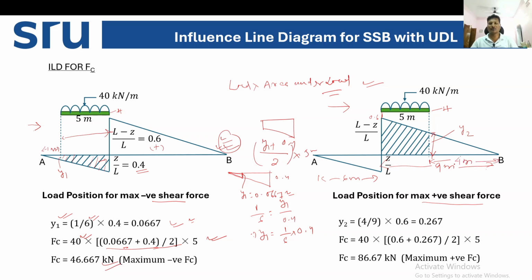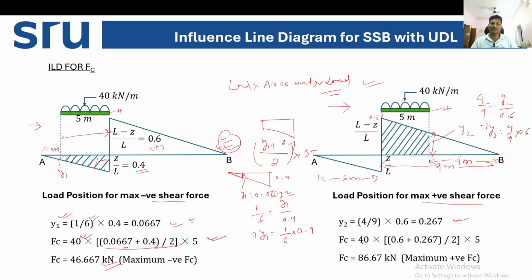So 4 by 9. We applied the similar triangle formula, the bigger triangle with the smaller triangle. So 4 divided by 9 is equal to y2 divided by 0.6. From this y2 is equal to 4 by 9 into 0.6, so we get 0.267.